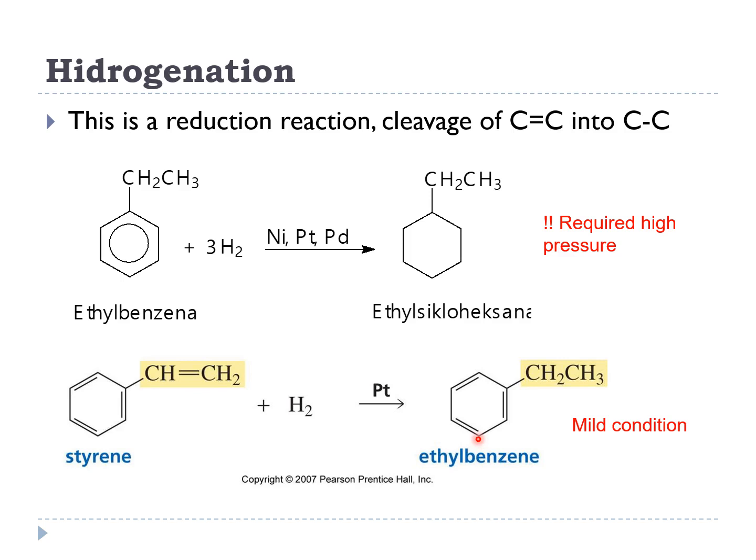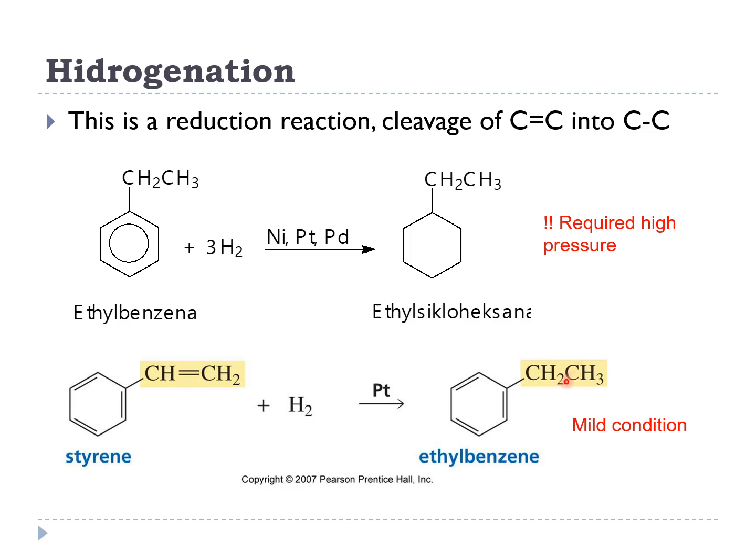So in the case of styrene hydrogenation, only the double bond in the alkene chain is cleaved, not in the benzene ring.